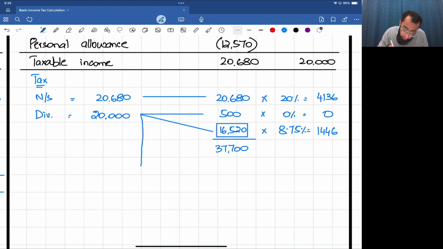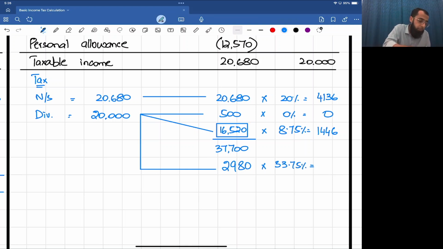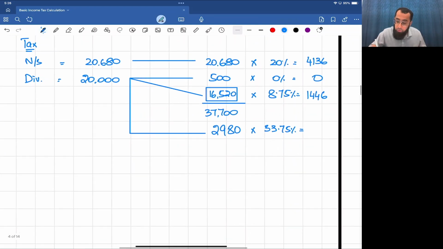Now, what's the remaining dividend income which you have been left with? 20,000 minus 500 minus 16,520. So you have 2,980 remaining. Higher rate of 33.75%. Here you go. That's 1006.